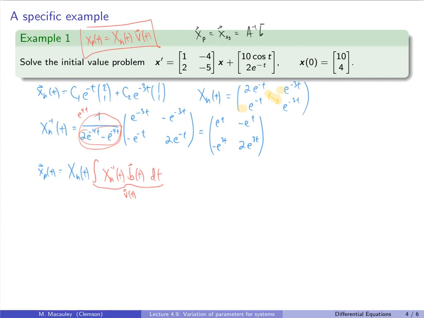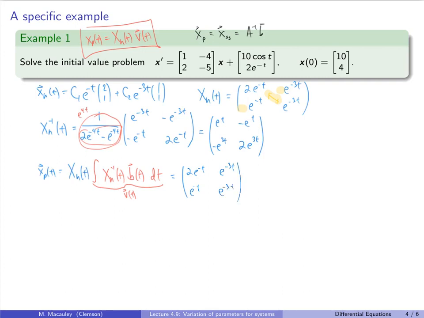So we had a formula for that on the previous slide, but let's not use it. Let's just plug in xh here and b here. It's not really any harder to do. Okay, so xh, this first term, is this up here. I'm going to write that in blue. So that's 2 e to the minus t, e to the negative 3t, e to the minus t, and e to the negative 3t.